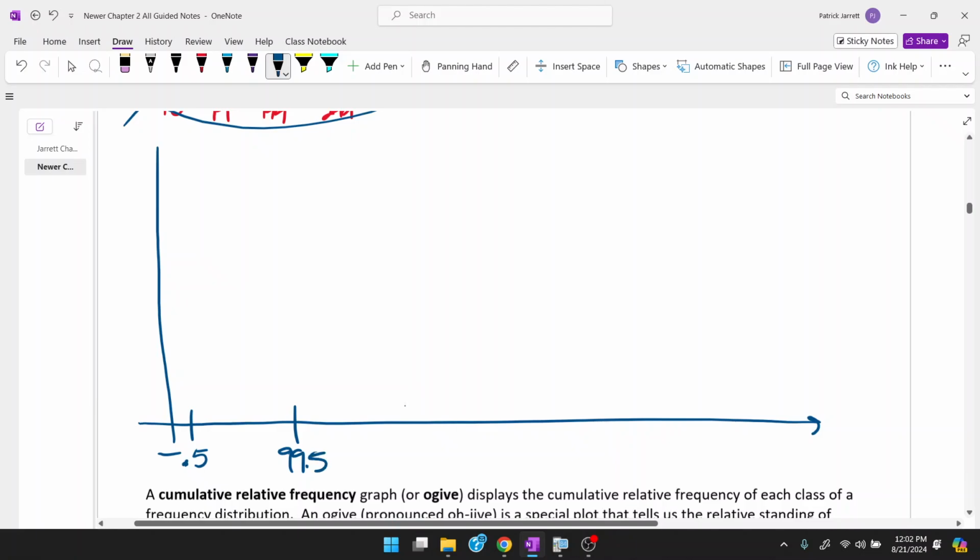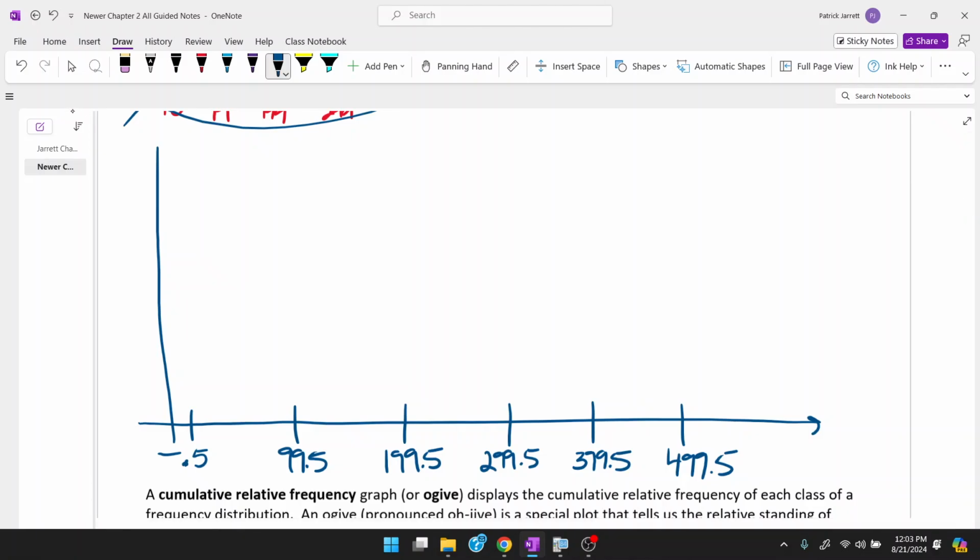And then the next one after. So we're adding increments of what? 100, which is still our class width. But here's the thing: there's going to be no gaps in this.